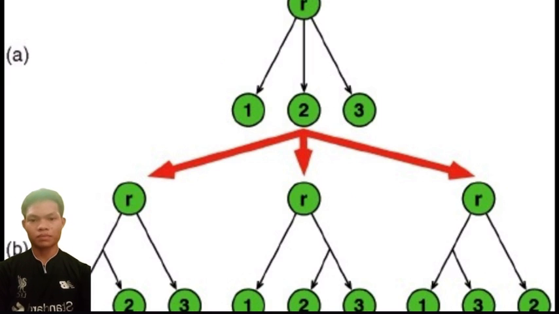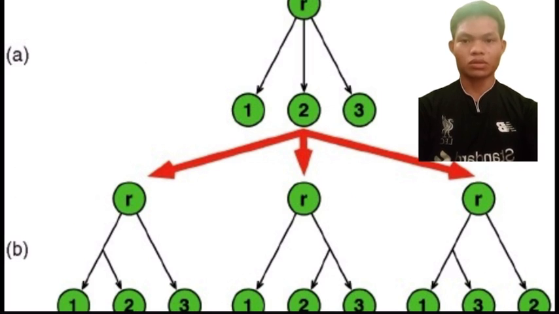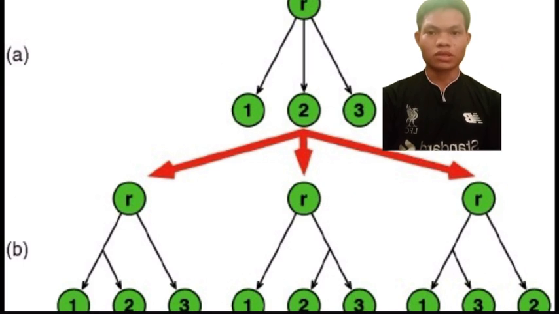In the diagram, the letter R at the top represents the common ancestor, and the numbers 1 to 3 show its immediate descendants. The thick red arrow highlights the point where the ancestor seems to split into three. This can happen because there is not enough data or fossils to know which species came first.